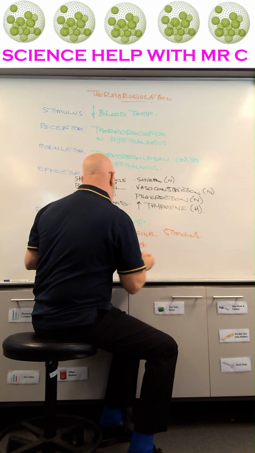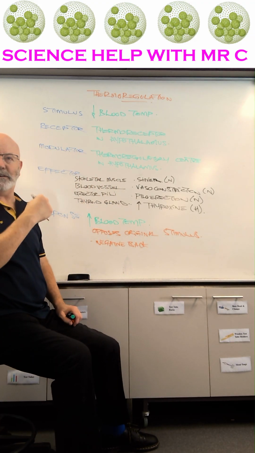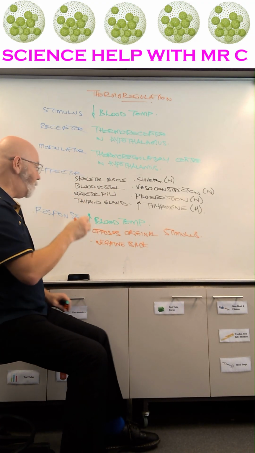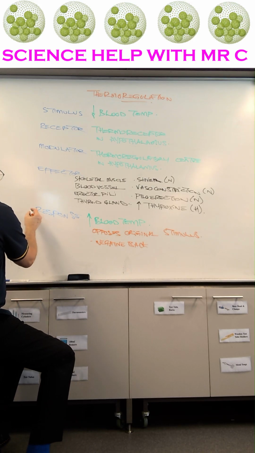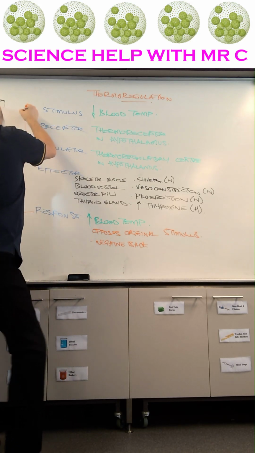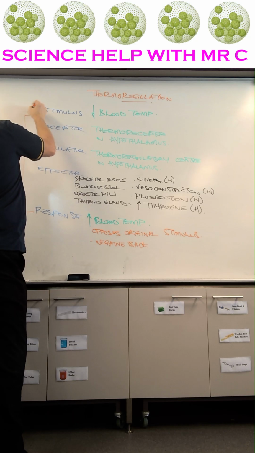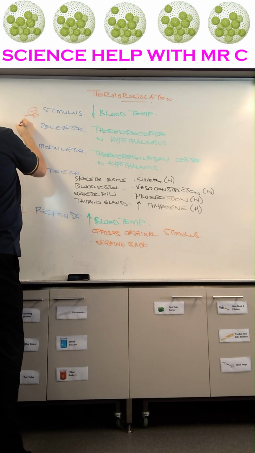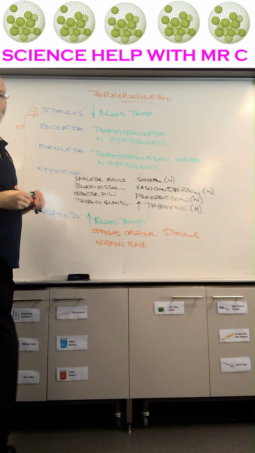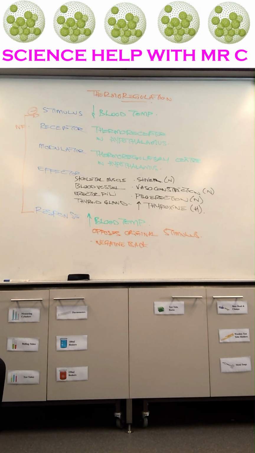And to show the examiner that we are in control of the knowledge, we get that arrow from the response back up to the stimulus and we put a negative symbol there and we write negative feedback there as well.